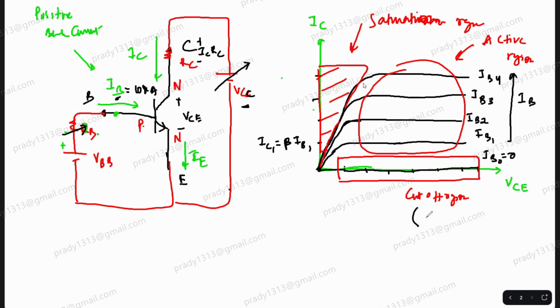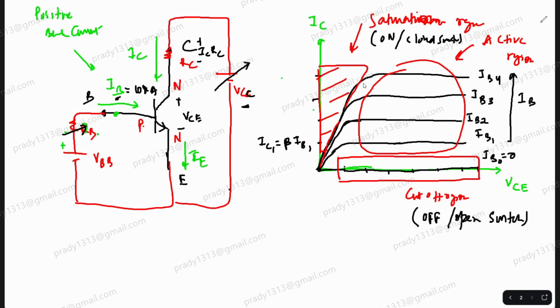In cutoff, it acts as an off switch, meaning open switch. And in saturation, it acts as an on switch, that means closed.